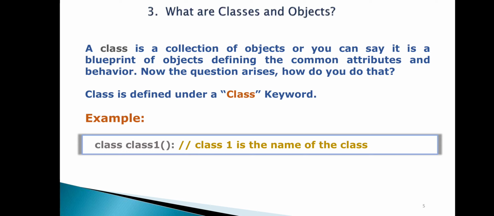For a class, these objects can have some attributes and behavior. How can we declare a class? A class can be declared by using the class keyword. For example, below we can see that Class1 is the name of the class.